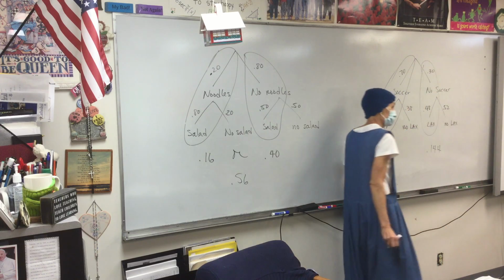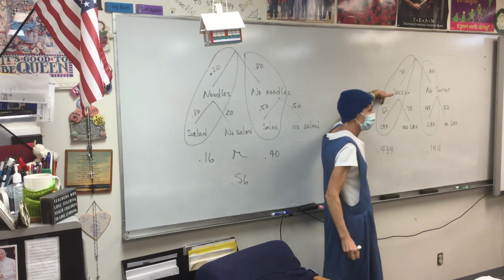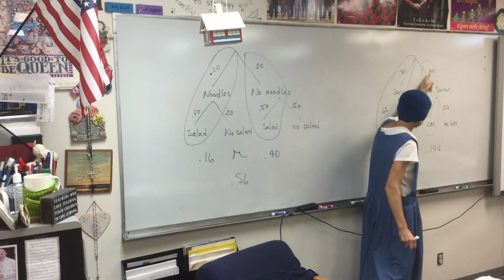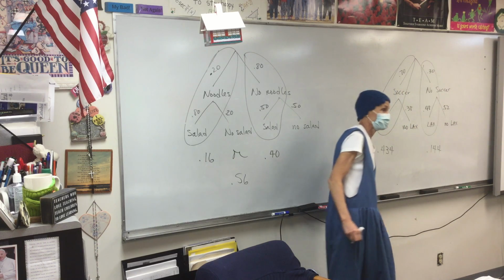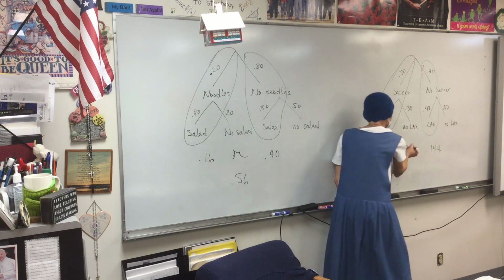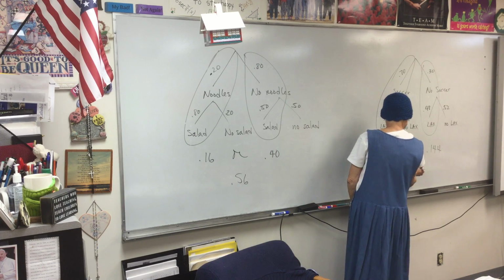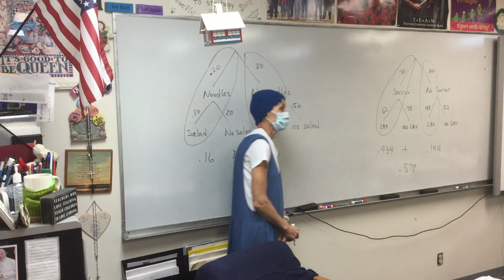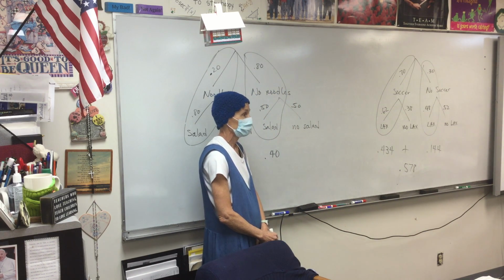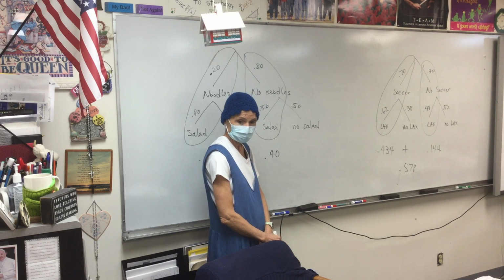Now, how is she getting those numbers? Everybody know you're going to multiply these together, and you're going to multiply these together. Now, what are you going to do with these two answers that you get? Add them for a grand total of 0.578. That's 57.8%. Yes, indeed it is.